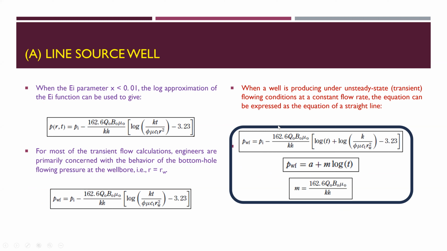This group of parameters in front of log t represents what we call the slope m. From the slope m, all parameters are known except the kh product, as highlighted before.